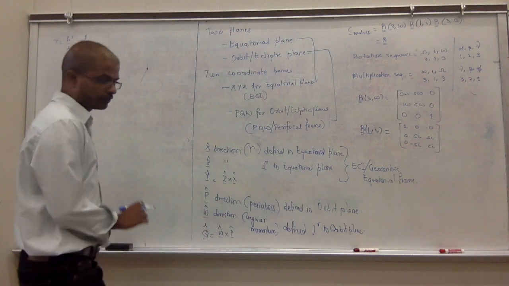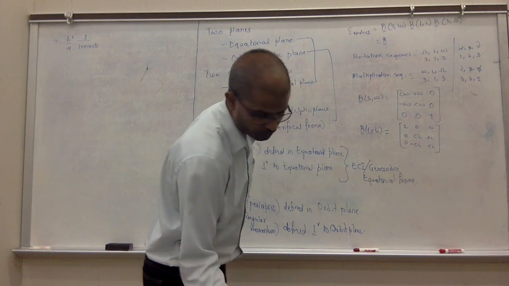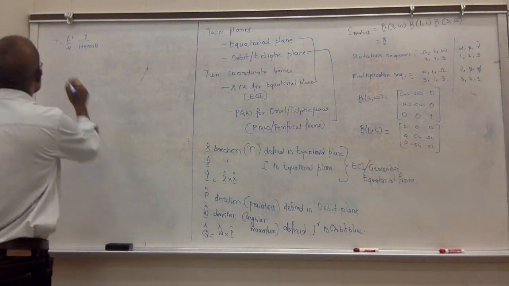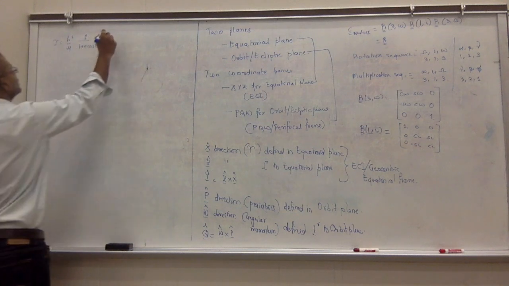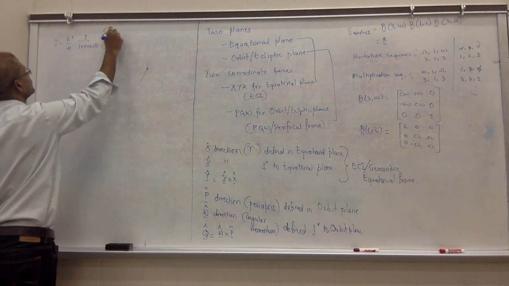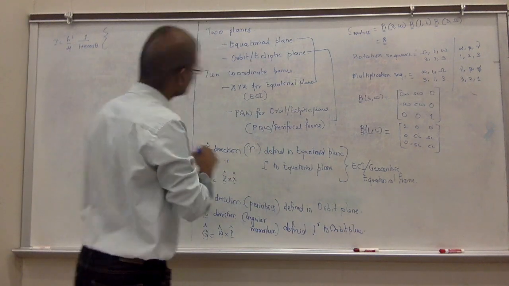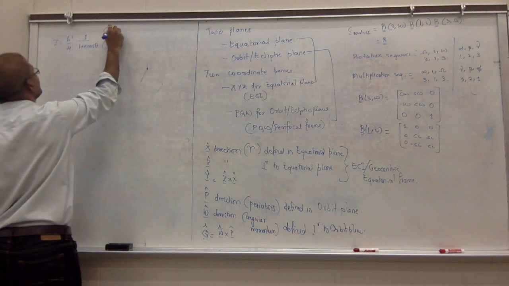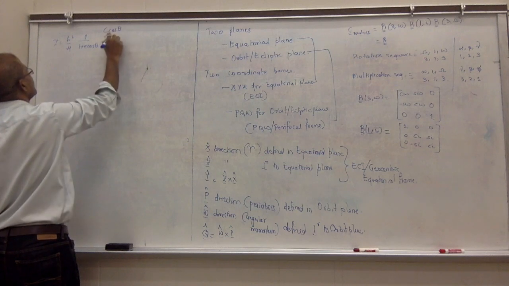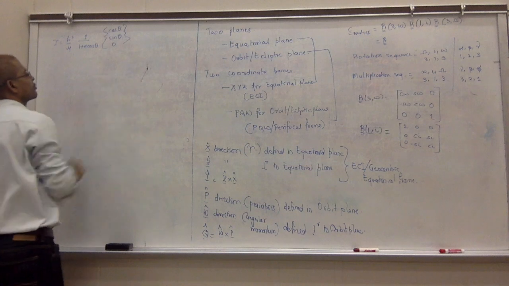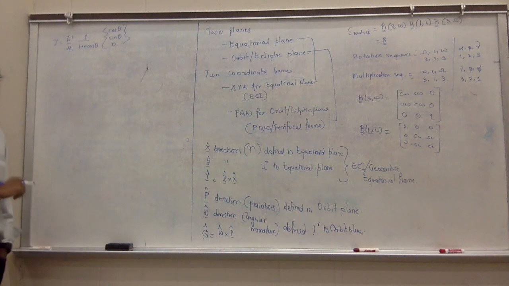So R itself is h square over mu. The vector R is this. Okay.